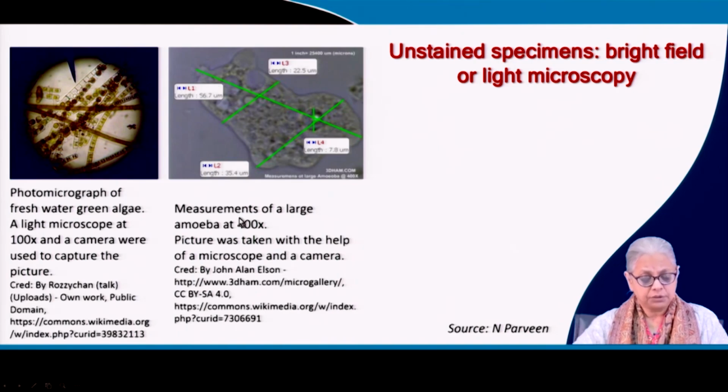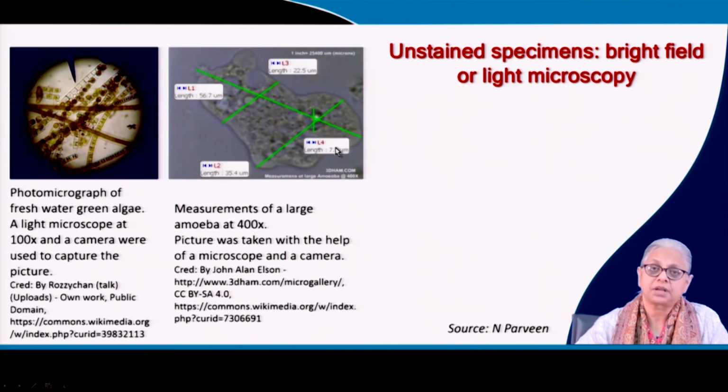Then we have this is a large amoeba. Now, one of the other advancements in microscopy is that with the use of a camera and a PC and appropriate software, you can now measure the size of the objects. So here is an example of measuring the size of the object. It used to be impossible back when I was in school and college.